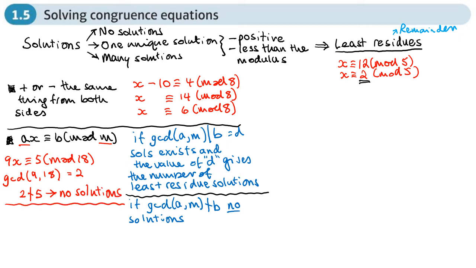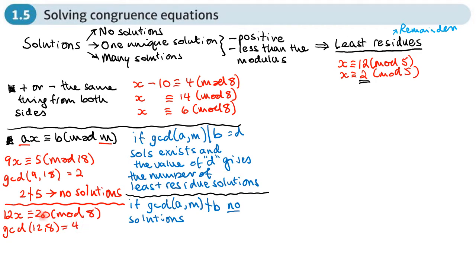If we try one like this though, let's say we had 12x is congruent to 20 under mod 8. So we work out the greatest common divisor of 12 and 8. That is 4.